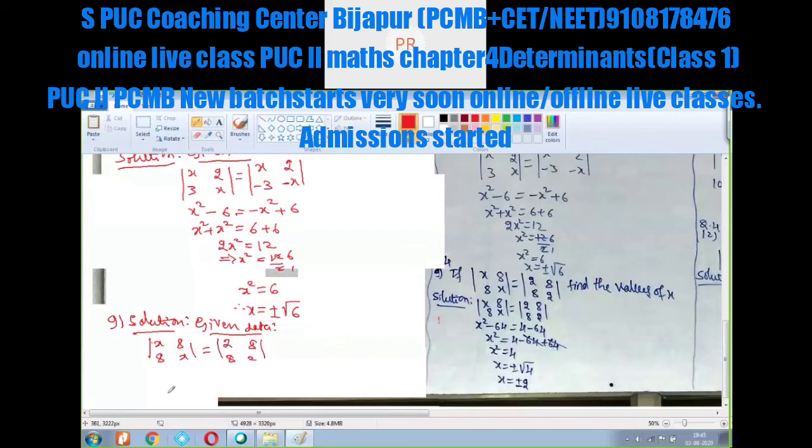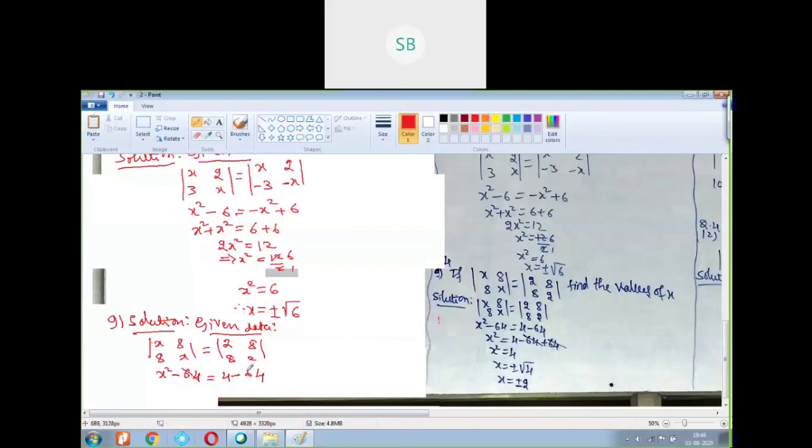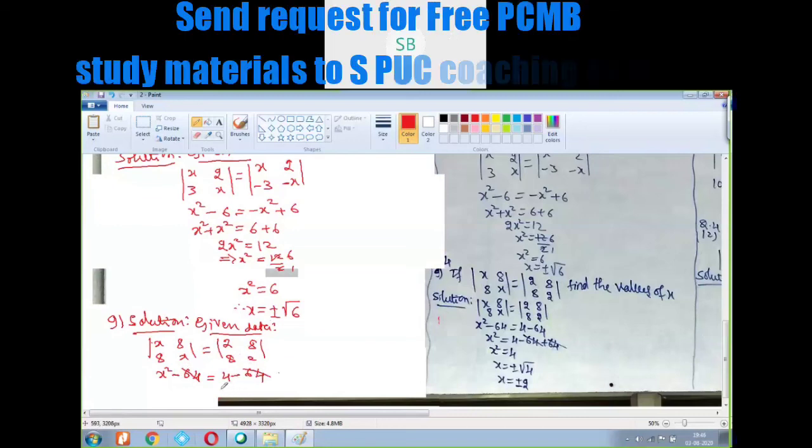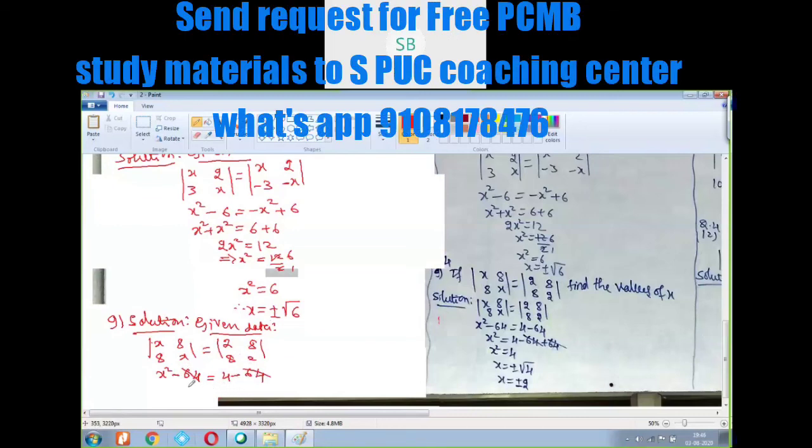Then this x into x, x square minus 8 into 8, 64, which is equals to 2 into 2, 4, minus 8 into 8, 64. However, you can simplify for easiest. What I am going to do, I am going to cancel this minus 64 and this minus 64 directly, or else you can shift it on this side, that 4 minus 64 plus 64, it is going to get cancelled.